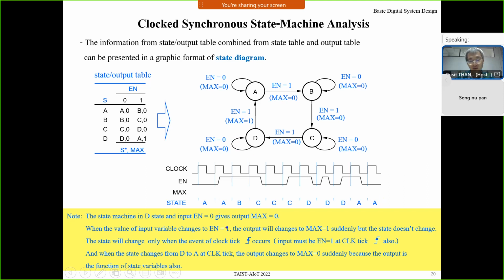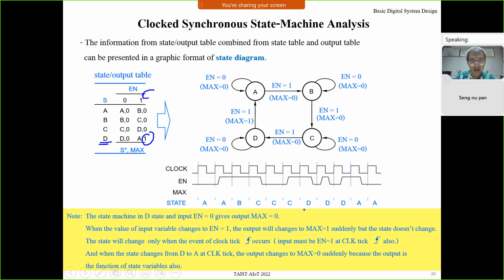Understand? You should know the state for each period of the clock. After that, if you want to know the output, you can consider it easily. For example, in this example the output is 1 in only one case, when it's on state D and the input is 1.